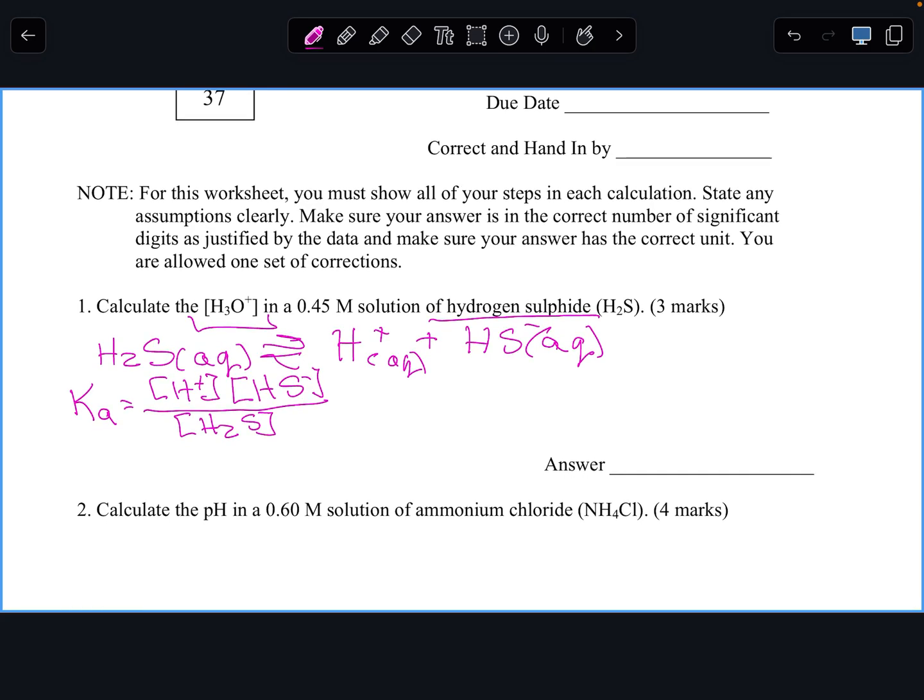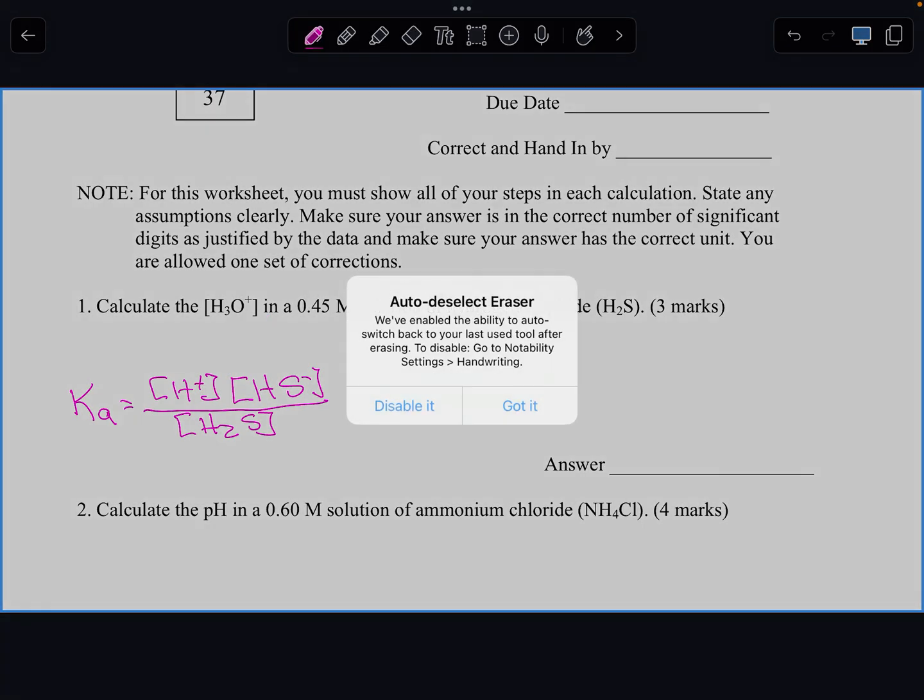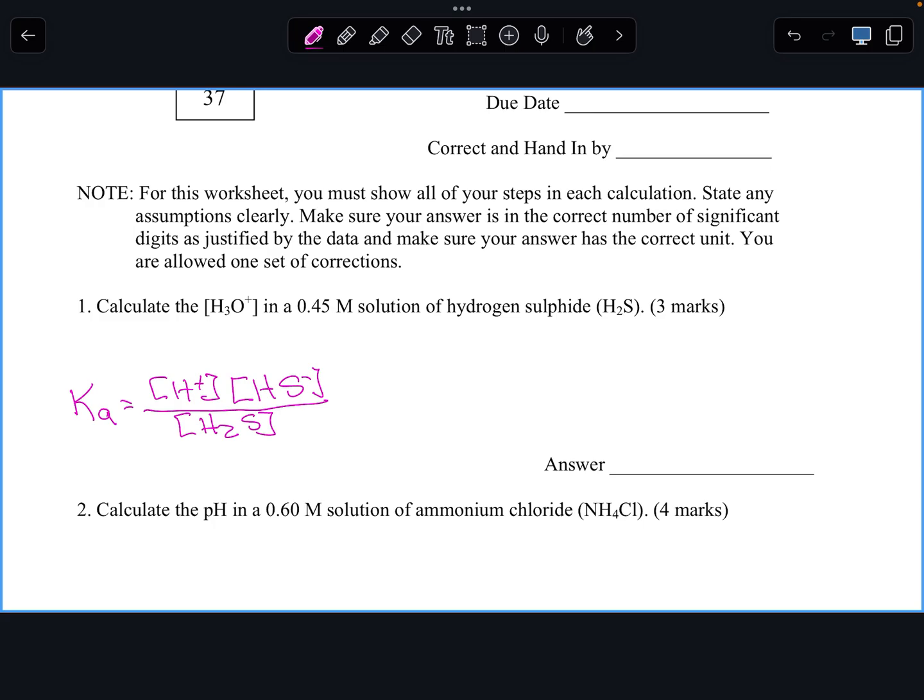Next, we are going to make an ICE table. And I'm going to have to erase a little bit of this. So does everybody have this written down? Okay, so I'm just going to erase this part because I don't have enough room. Now my reaction is going to be H2S, H+, and HS-.